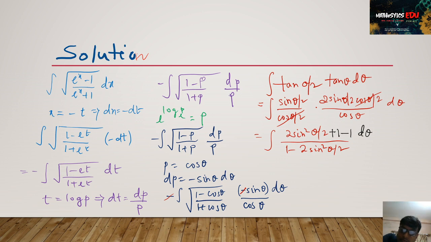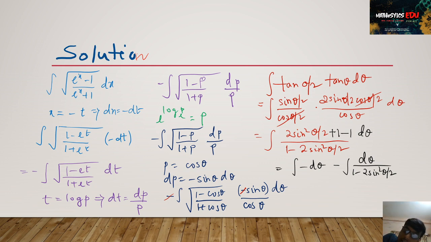Then you can see that 2 sin squared theta minus 1 will cancel itself with the numerator and the denominator, and it will come out as minus d theta. And in the denominator there is still 1 minus 2 sin squared theta by 2, and in the numerator it is 1. So let me write it for you. D theta divided by 1 minus 2 sin square theta by 2.